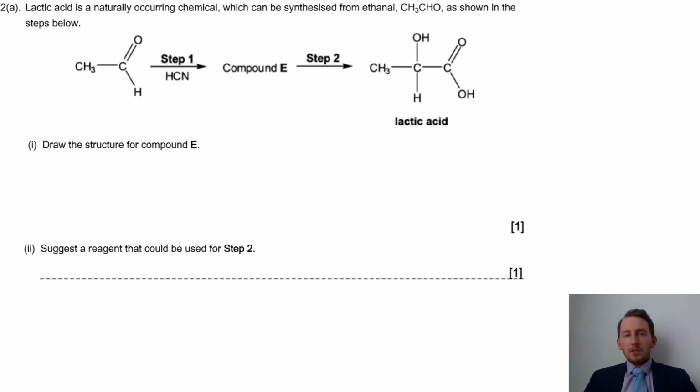Again, another two-step synthesis. We need to draw the structure that's the result of step 1. Well, looking there, I've got HCN, hydrogen cyanide. I know that that CN is going to be reacting as a nucleophile, so that would go and attack the carbon double bond to the oxygen.